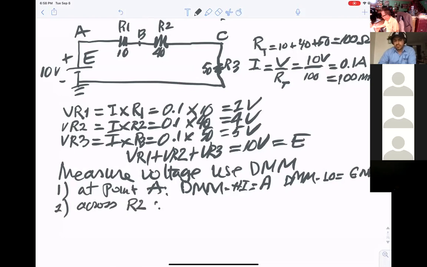Then the DMM connection: high side connects where? Point B. Perfect. Low side at point C.